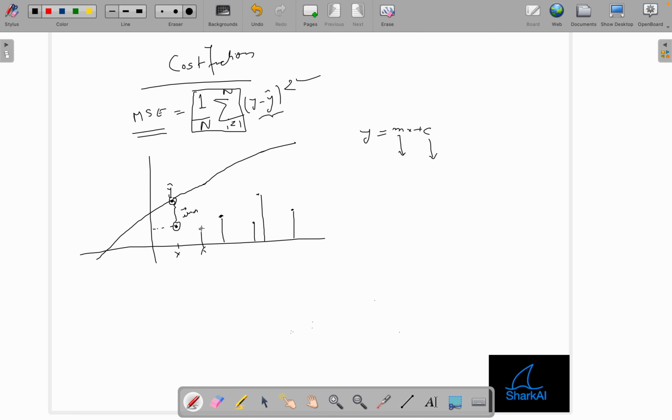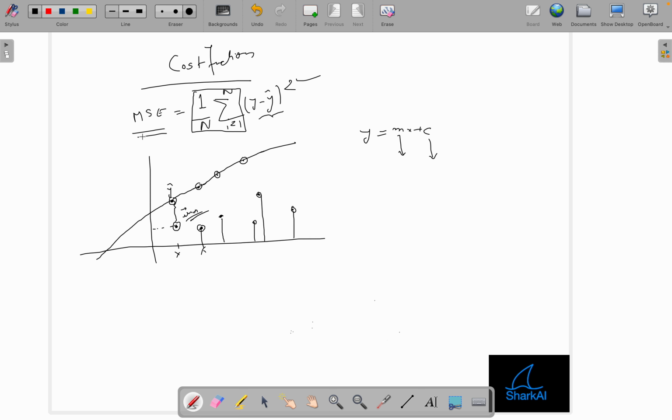The same thing happens here: the line should pass from here, but actually it's going from here, and the y value is somewhere here. The same thing is happening here. The predicted values are here, but the actual value should be here. So this is actually an error made by the model.